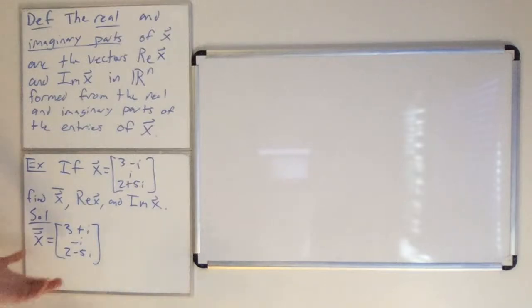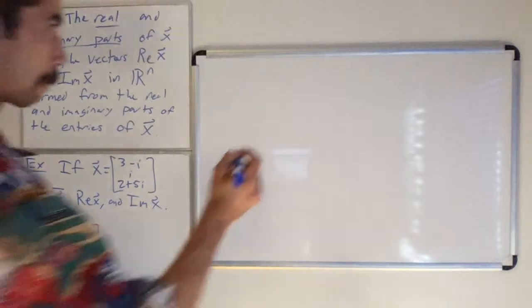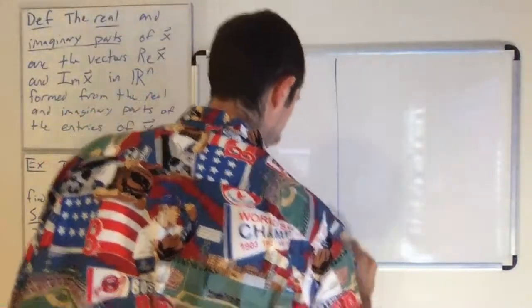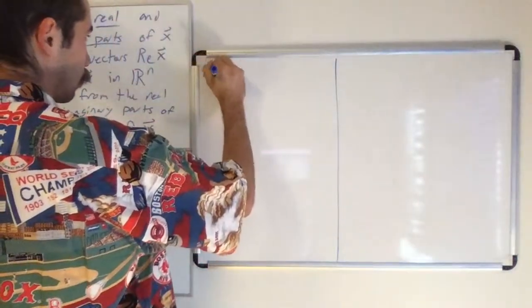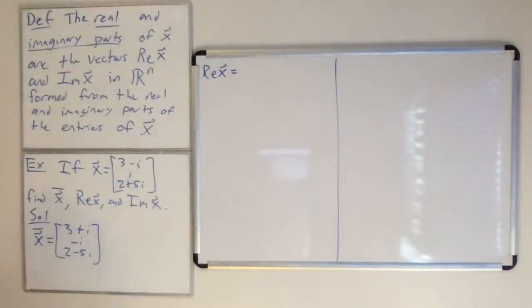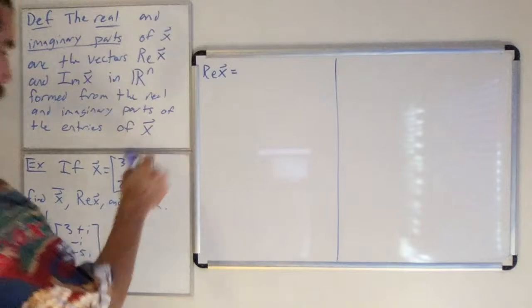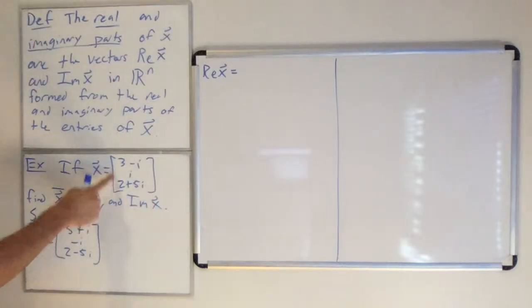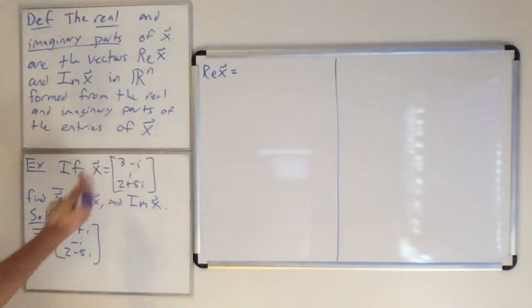Right, so we find the complex conjugate of each of the components. The real part of X is just we read off the coefficients of the terms that aren't multiplied by i.